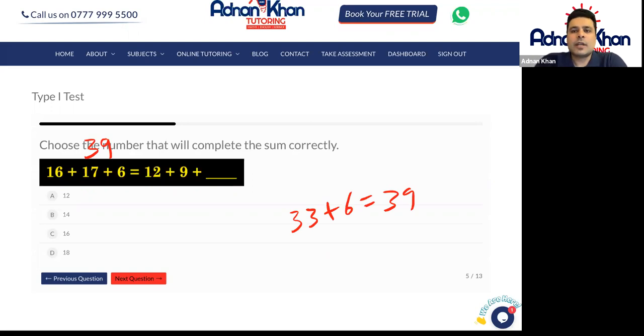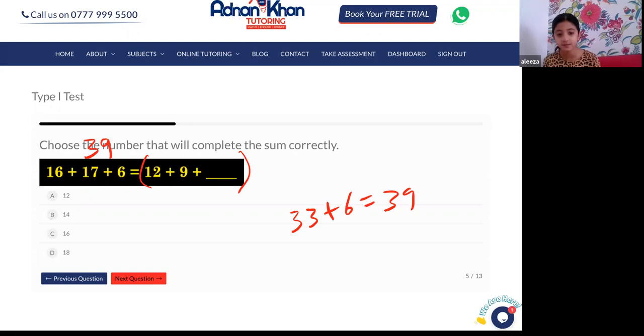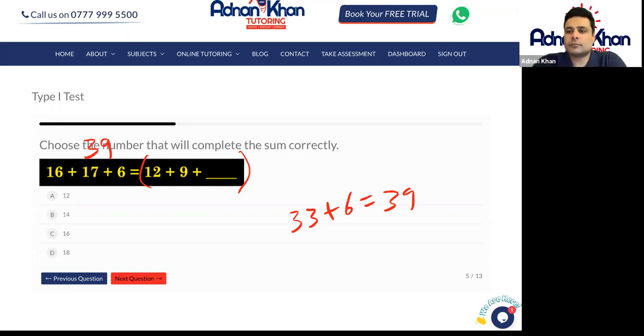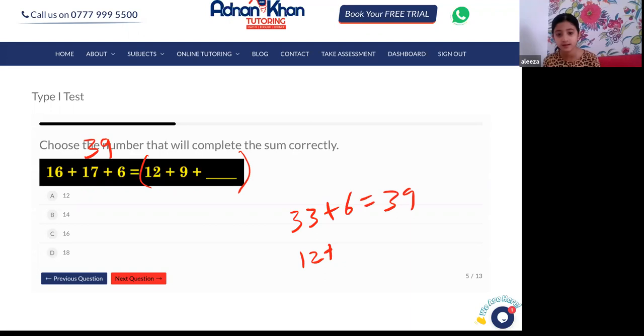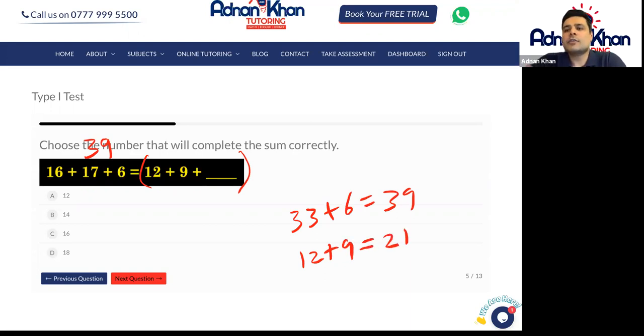So we'll just write that down. So now we're moving to the right-hand side, this bit here. So what's 12 add 9? 12 add 9 is 21. Yes, very good. Okay, so 21. Now we need to kind of get to 39. So 21 add what number will give us 39?